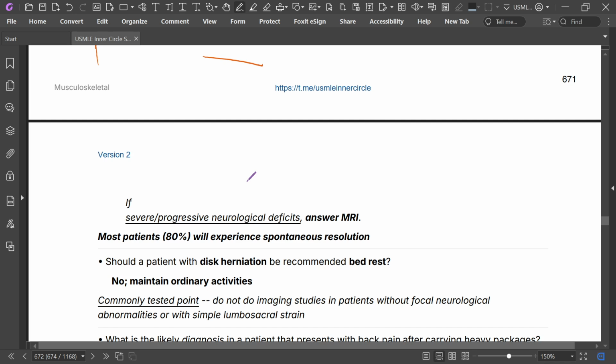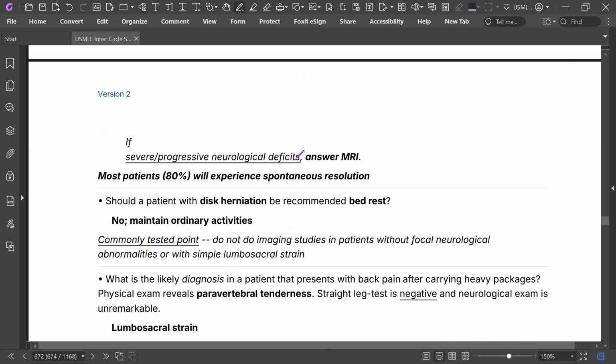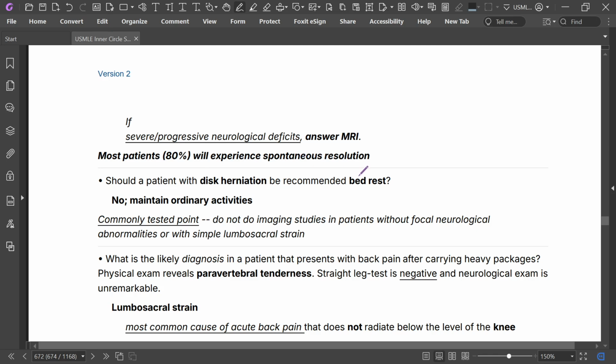So not just low back pain, we are sending the patient to the MRI. That is a very wrong concept. With positive SLR, we do not rush for MRI. Okay, 80% of patients will have spontaneous resolution.